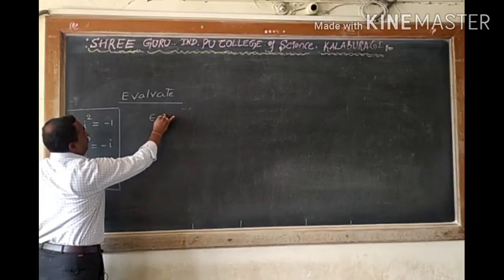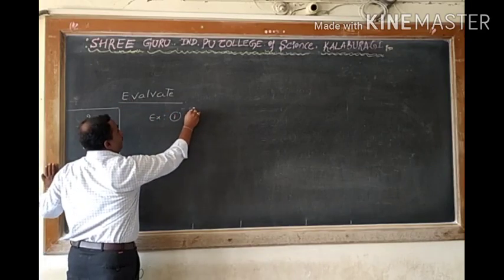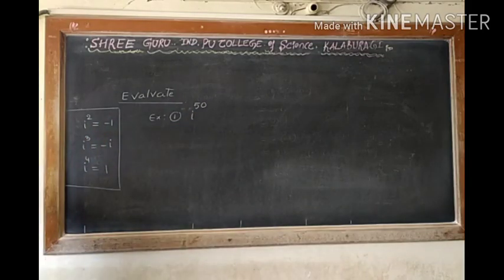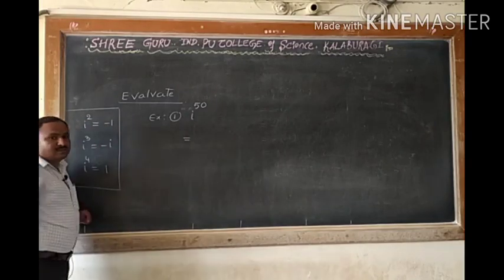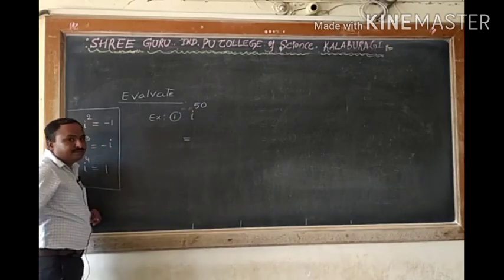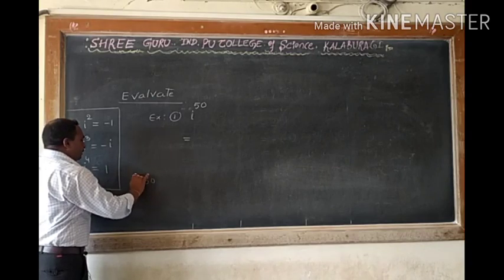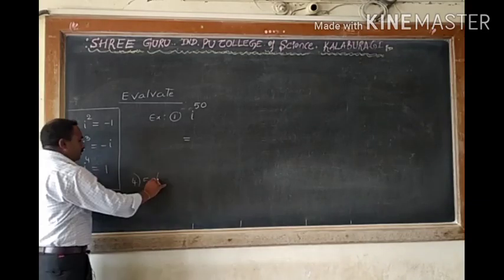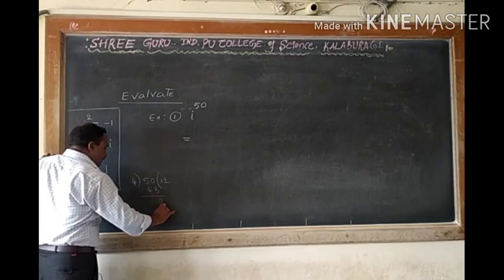Example number 1: find or evaluate the value of i to the power 50. Convert to base 4, because i to the power 4 is 1. Here 50 can be expressed by dividing by 4: 4 twelves are 48, the remainder is 2.